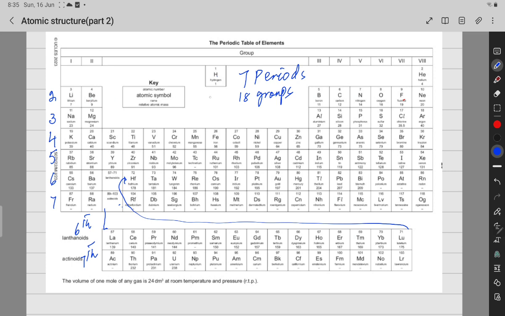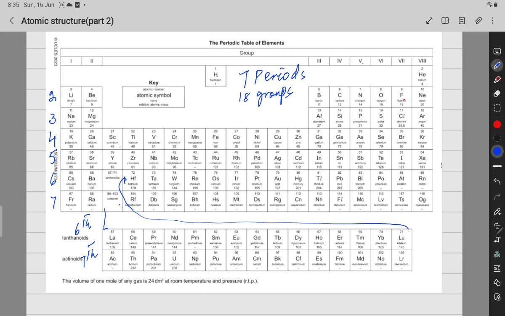So periods are horizontal rows and groups are vertical columns. This is the first group, second group, third group, fourth group, 5, 6, 7 and 8 groups.